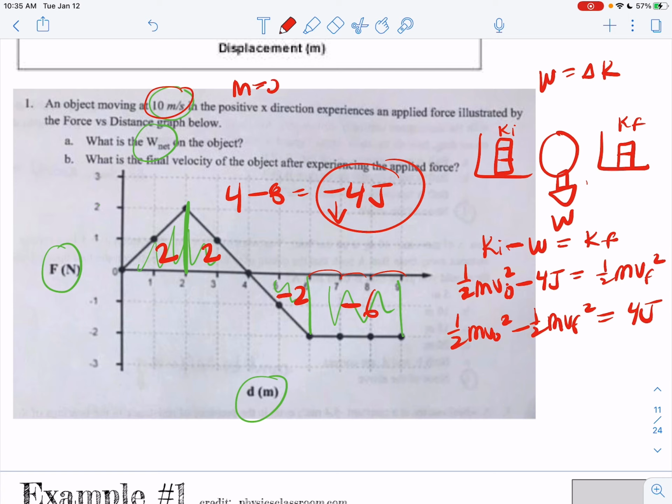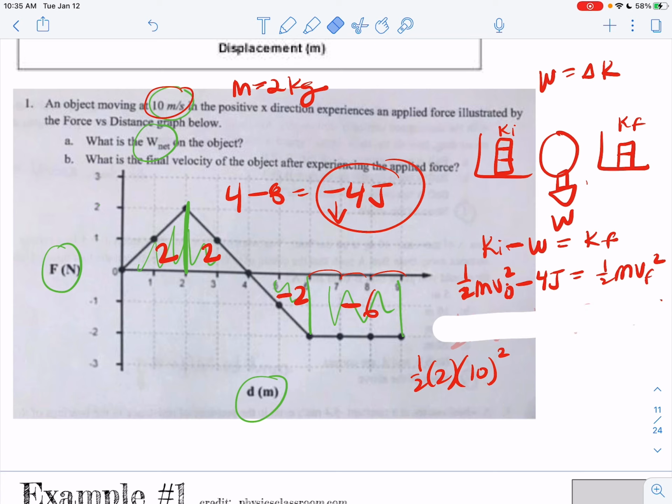Let's just say mass is 2 kilograms. I'll make a note of it in there. So 1/2 times 2 times 10 squared. Actually, I shouldn't have reorganized it like that because that's messing it up. Minus 4 equals 1/2 times 2 times VF squared. So that'll just be 1.